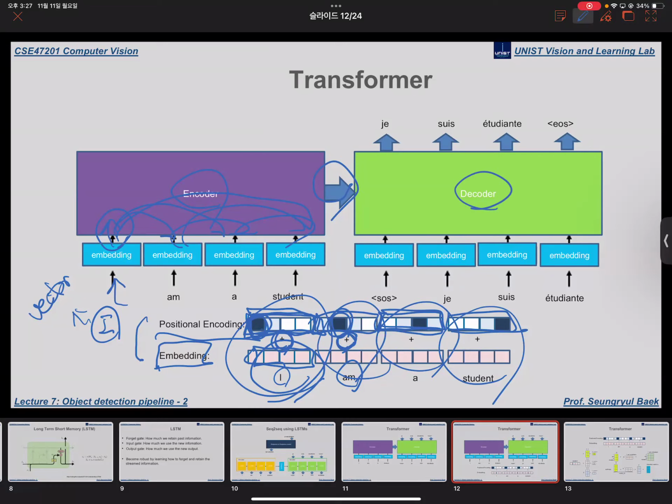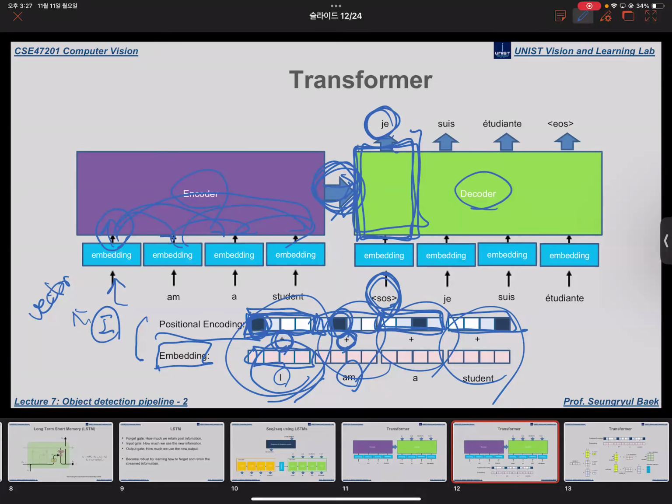even though we use the transformer. We first do the decoding using this part only at the first step. We have to input the starting token and merge that with the feature information and get the first word.